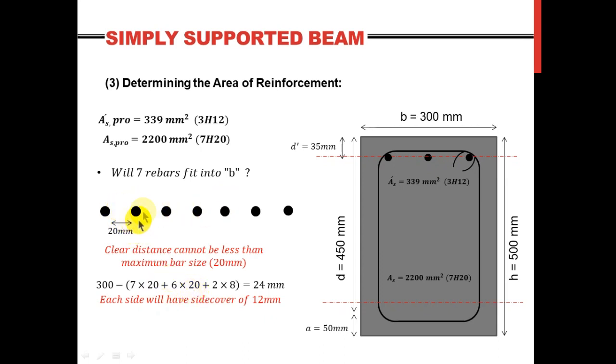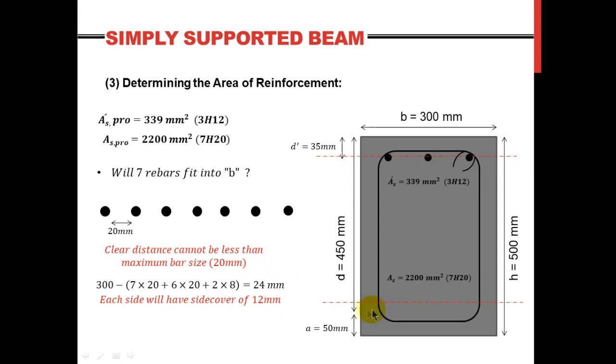So we have 1, 2, 3, 4, 5, 6 spaces, and the spacing we said has to be 20 millimeter. That's the minimum. Plus we have the links as well. So this is 2 times 8. We assumed the links to be 8 millimeter. So we're going to end up having this number, 24 millimeter.